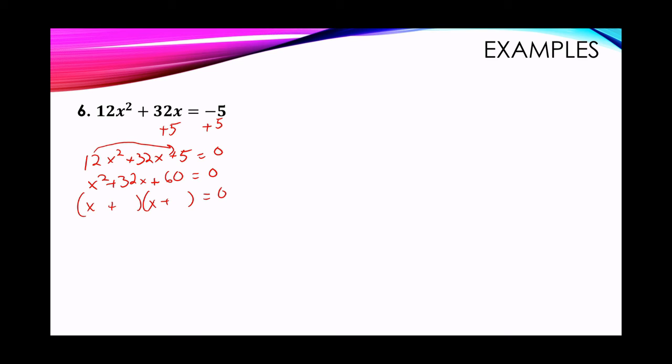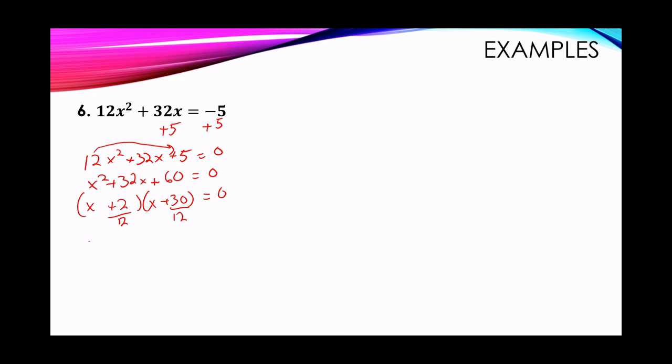So I'm looking for two factors that will add together to equal 32. And well, it's going to be 2 and 30. Okay. Now, again, I'm not done yet because what I have to do is divide by 12.